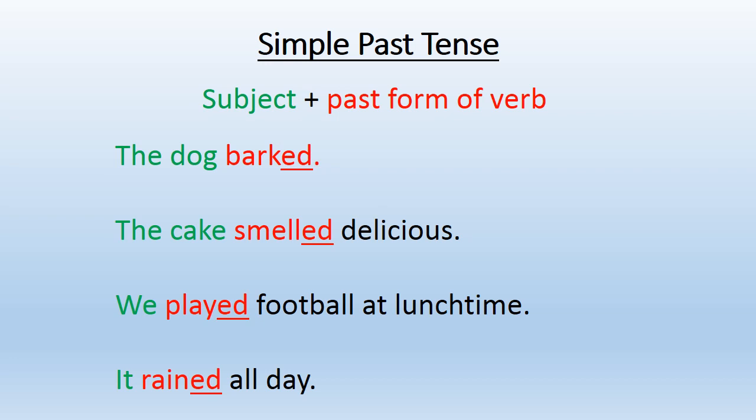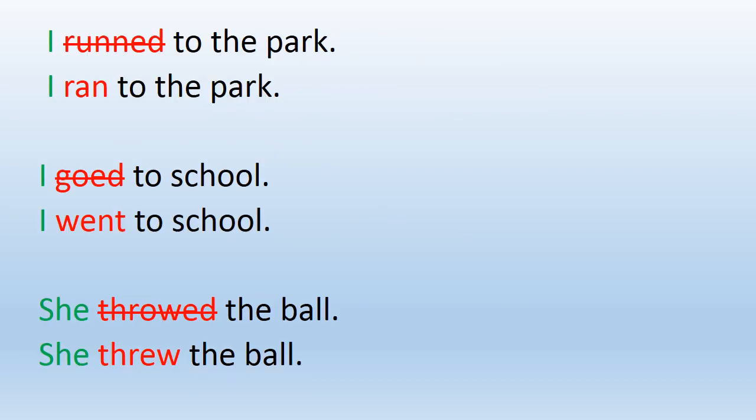So all of these so far use that ed ending, and that's very common. Lots and lots of times you will just use the ed at the end of the verb to make it into the past. But we need to be careful because that doesn't always work. For instance, if we want these to be in the past and you were going to use the verb run, you wouldn't say I runned to the park.